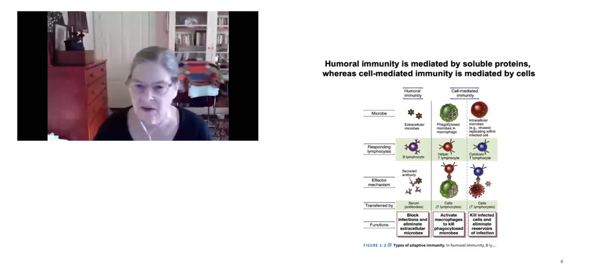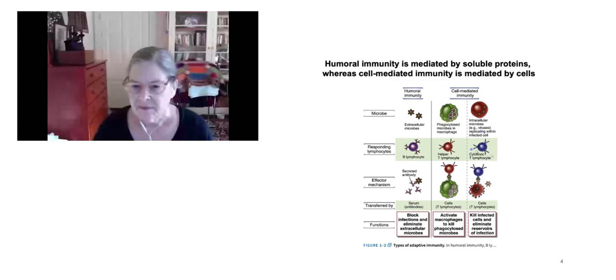The macrophage can present antigens from the microbes on its surface to the T cells, and if the T cells recognize those, they can then interact with the macrophage and activate it to increase its killing capacity and thereby kill these phagocytosed microbes.